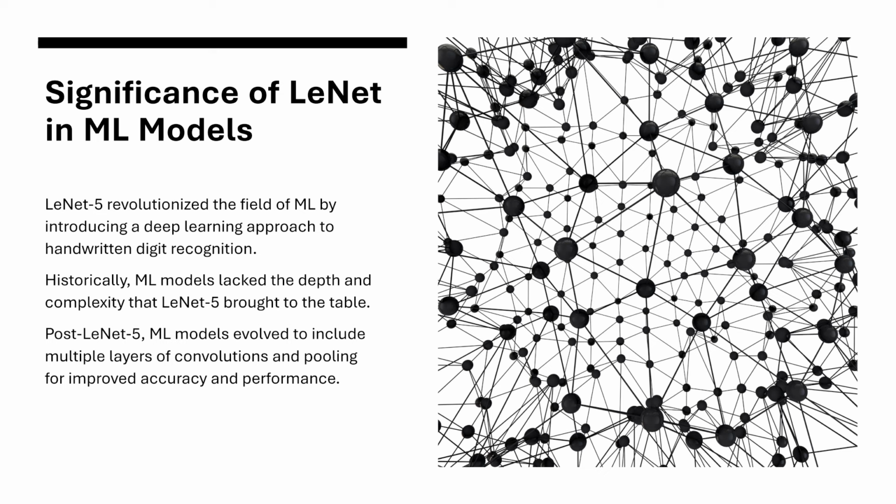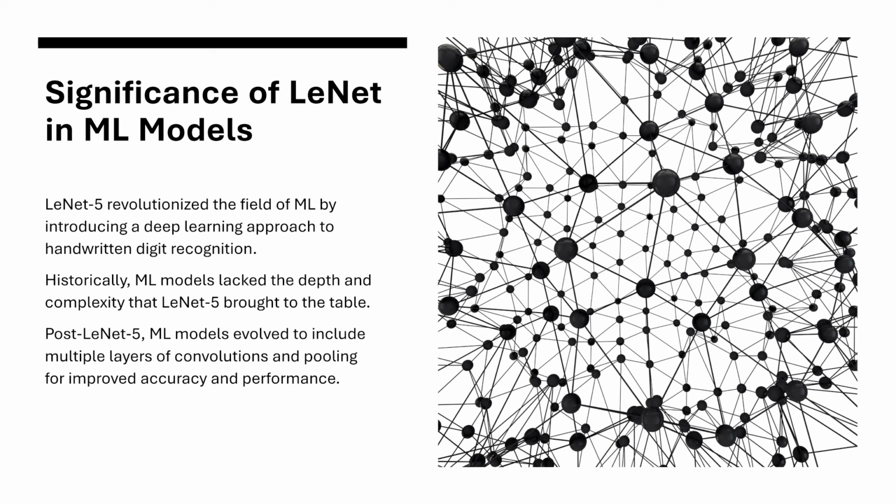And it is thanks to LeNet-5 that we have deep neural networks as we know it today. It was LeNet-5 that proved that it was possible to build and train models with layers and layers of depth. And that is what we know today as neural networks, deep neural networks.